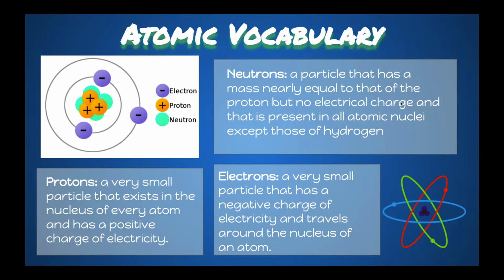They're present in all atomic nuclei except for those of hydrogen, which Mr. Dominguez just told you, hydrogen is the only one that does not have a neutron. Protons are the subatomic particles that have a positive charge, and electrons are those that have negative charge. And that's going to be my focus with you today.